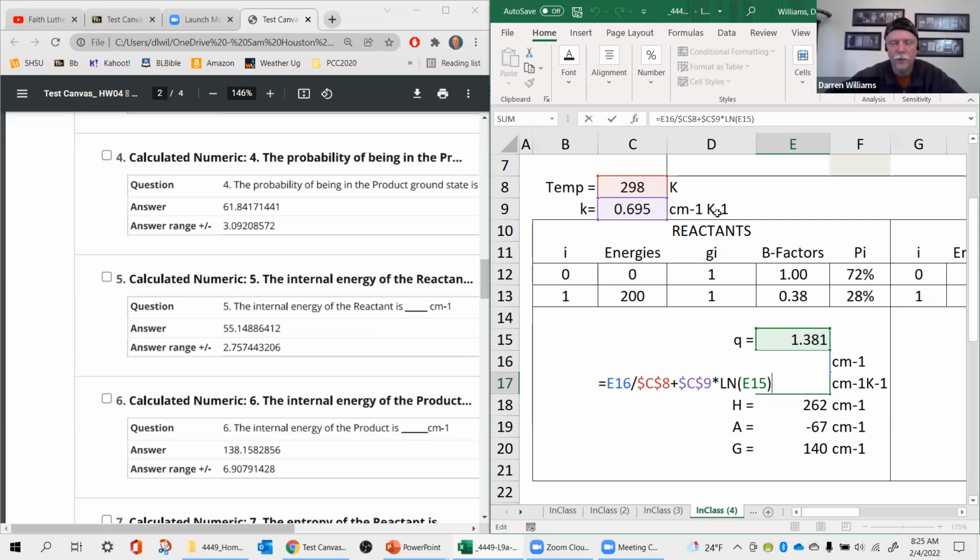Like this is wave numbers per Kelvin. You could have K, Boltzmann's constant, be joules per Kelvin, or the gas constant, joules per mole per Kelvin. So you just pick whichever the appropriate version of K is.